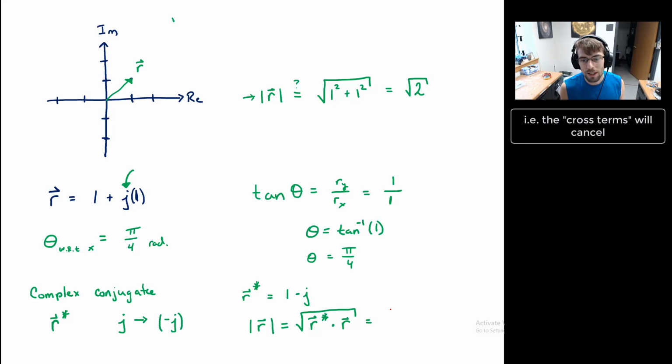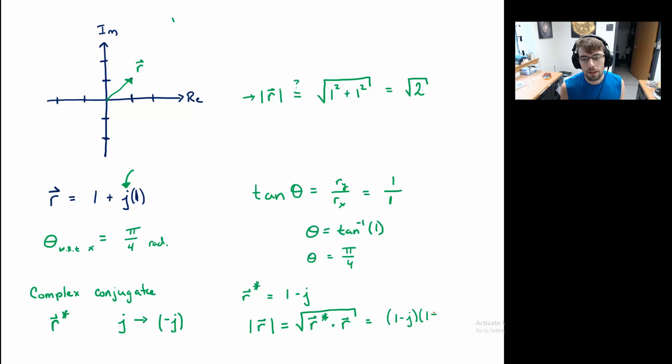In fact, let's go ahead and do it real fast. Square root of 1 minus j times 1 plus j equals 1 minus j squared. I'm sorry, I forgot the square root. And what do you notice? j squared is negative 1.